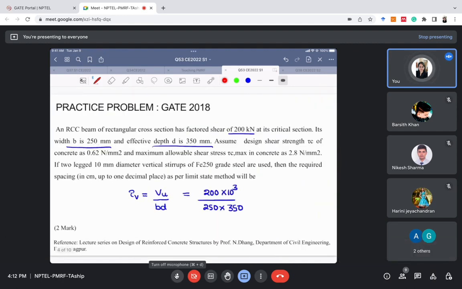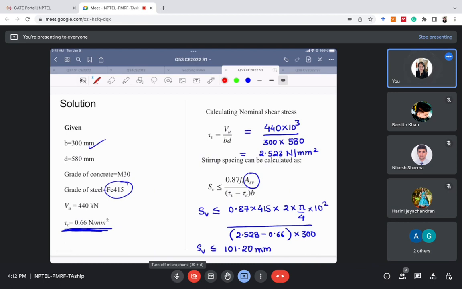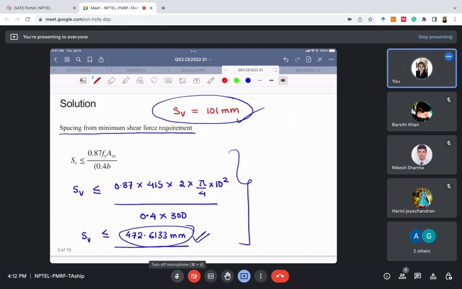Now please use the same formula for stirrups, which is used in this problem, and find out the value of spacing. Please try to do it accurately first and then try to increase your speed as well. You have to use the same formula. Just put the values given in that problem.